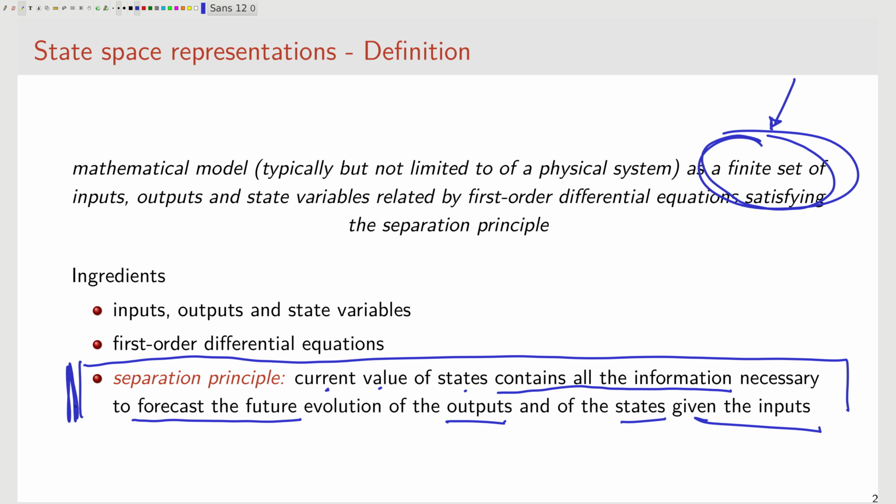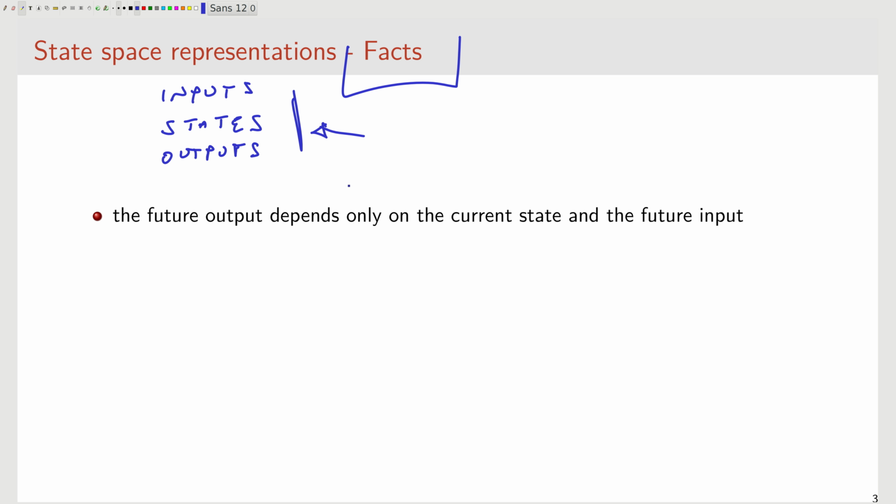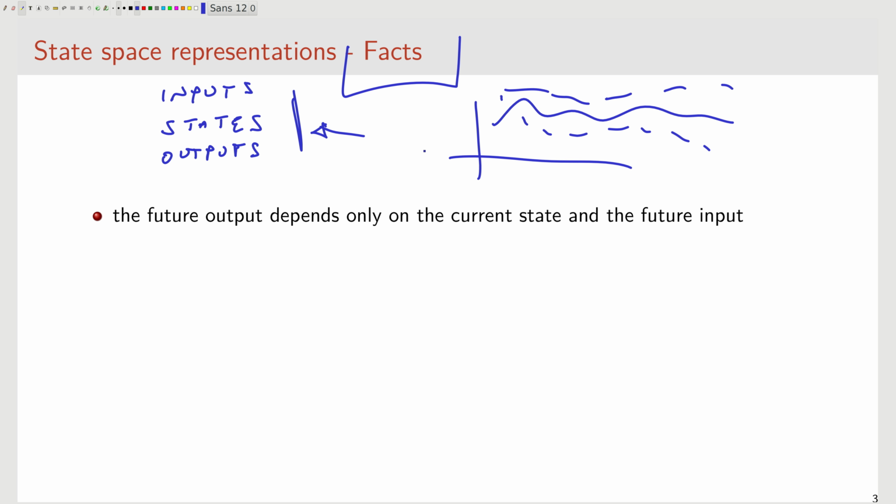Let's see what the separation principle means through some facts. First of all, we say that there are states, there are inputs, and there are outputs. Those will be physical quantities, signals, okay? So we've got some inputs, some outputs, and some states. And there will be some signals.